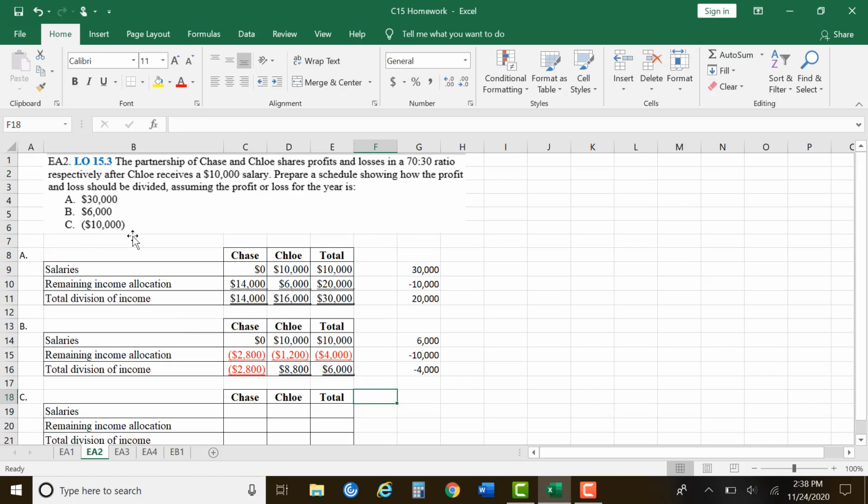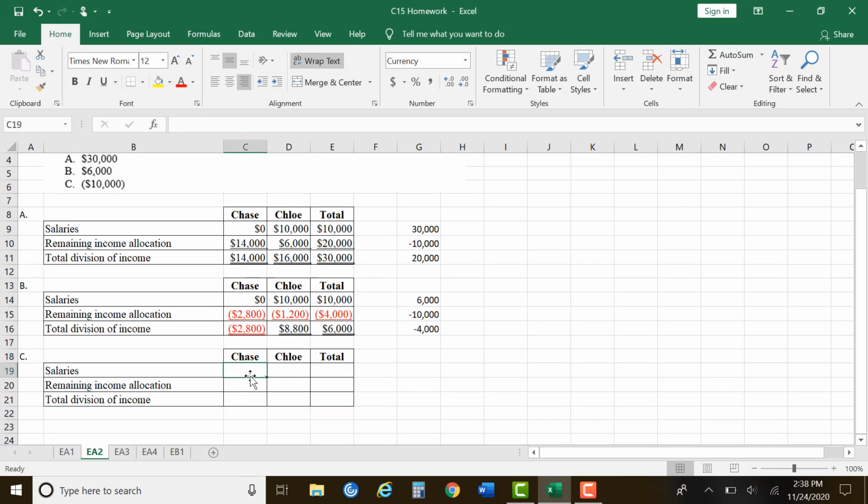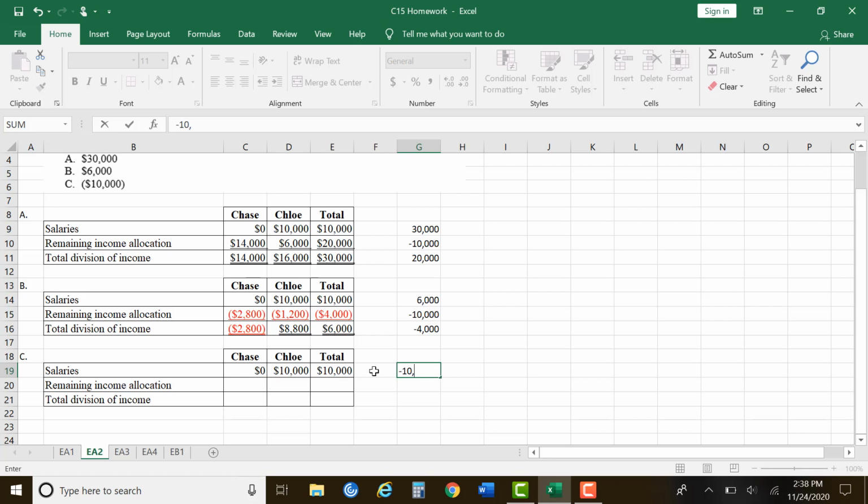And then on the last one, they lost $10,000. So we start here. Chase didn't get anything. Chloe still got her salary. Then we started with a loss of $10,000. Then we had to pay out $10,000 in salaries. So now we are at negative $20,000. And we're going to allocate it the same way we did this.